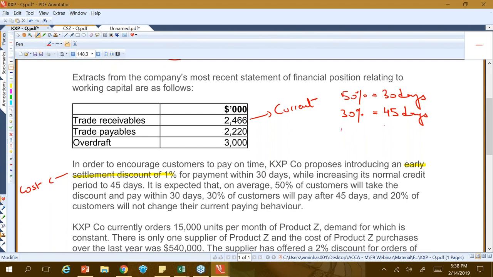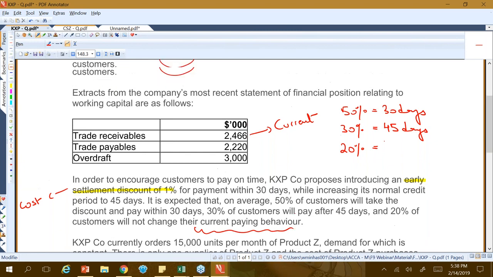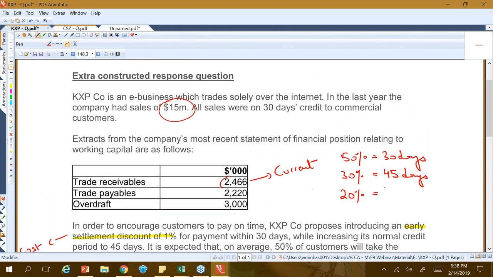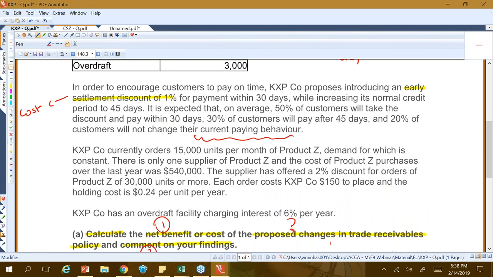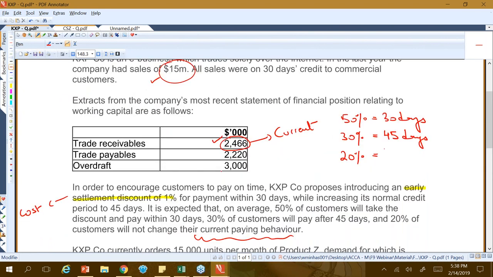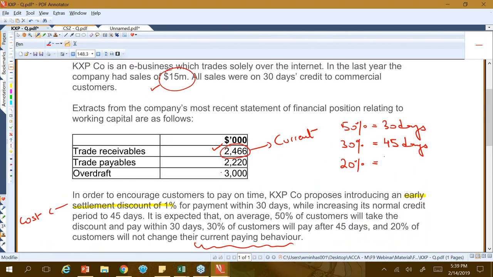And then we have 20% of customers which will not change their current paying behavior. Now, what is their current paying behavior? With this information, I have the trade receivables balance, I have the sales, and I know that there are 365 days in this year. Can you please calculate the current receivable days for me?